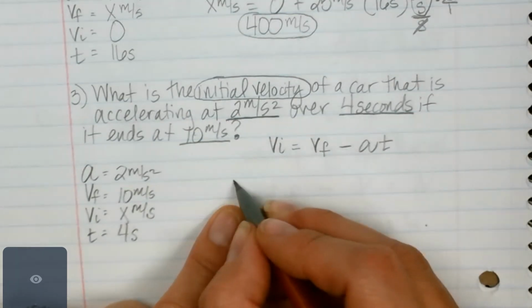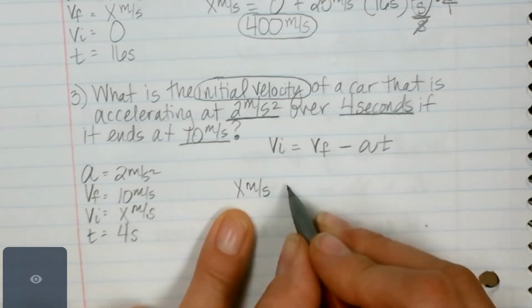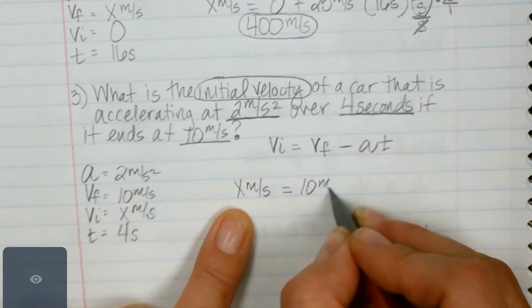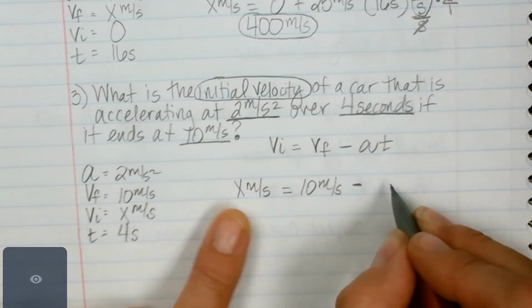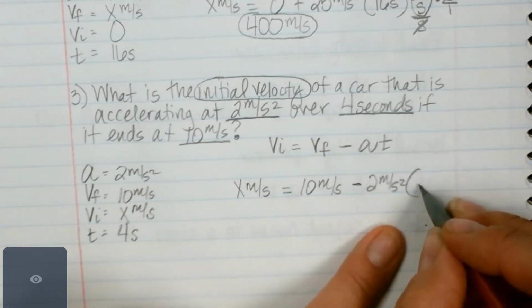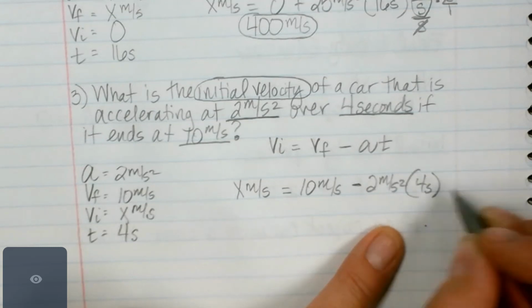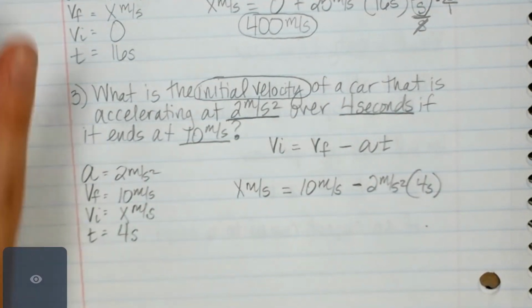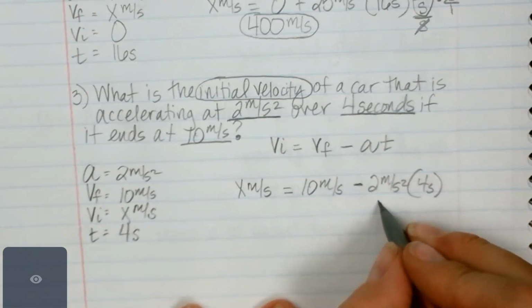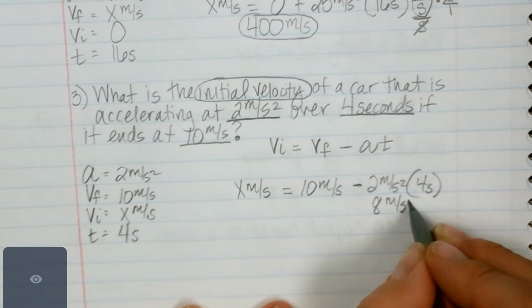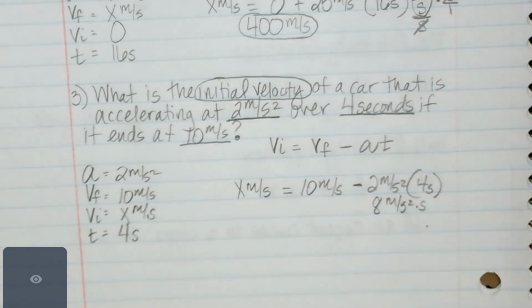If I'm looking for VI, it's going to be x meters per second equals my final velocity, which is 10 meters per second, minus my acceleration, 2 meters per second squared, multiplied by my time of 4 seconds. So order of operations says multiply before you do the subtraction. So 2 times 4 is going to be 8 meters per second squared times a second.